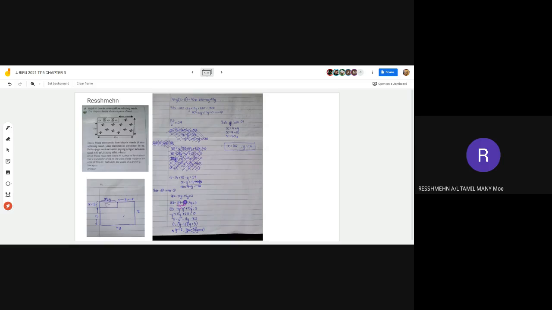Negative y times 4 is negative 4y, and negative y times y is negative y squared. So 80 minus 4y minus y squared plus 15y equals 0. Then negative y squared plus 11y plus 80 equals 0.